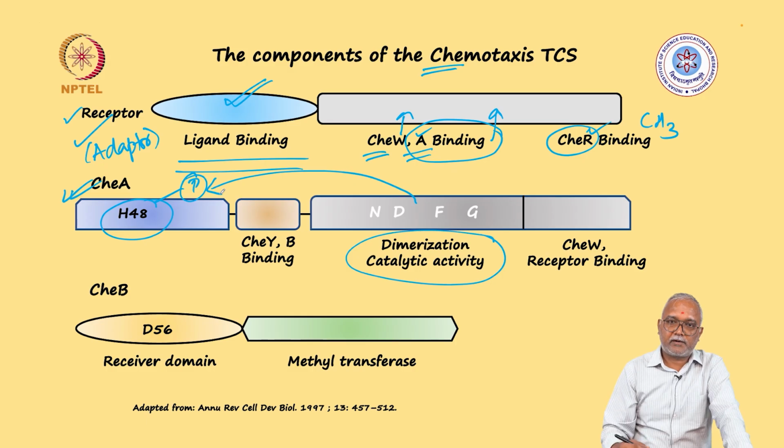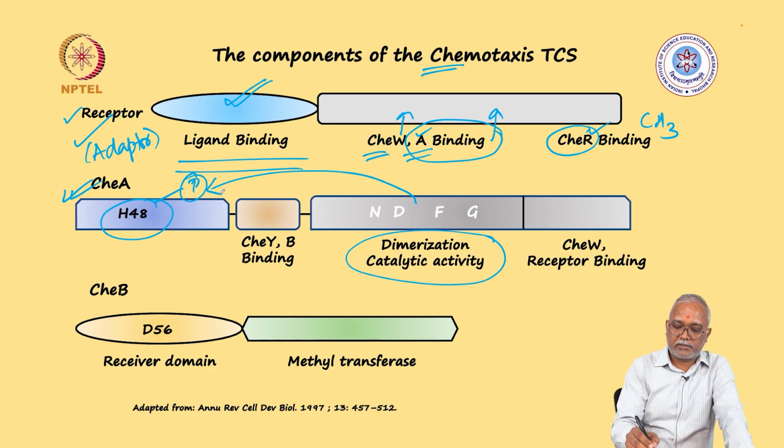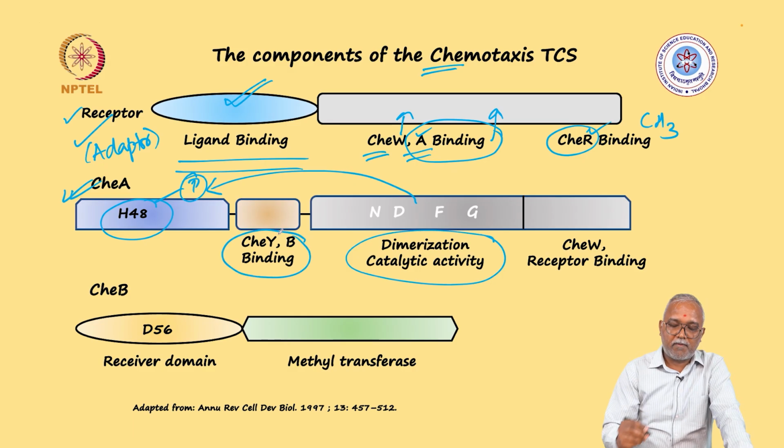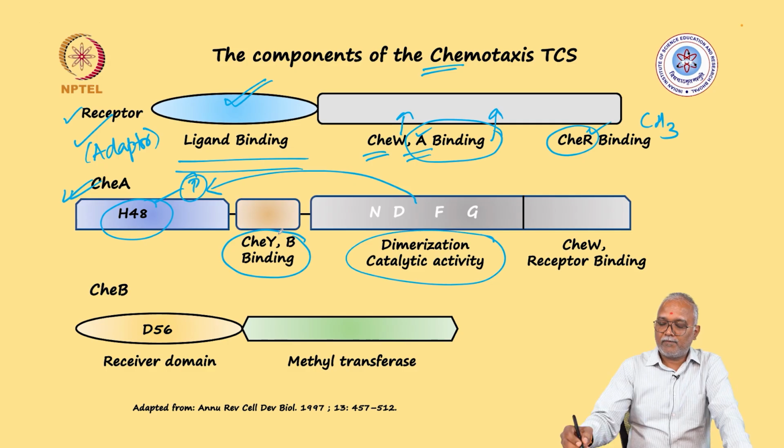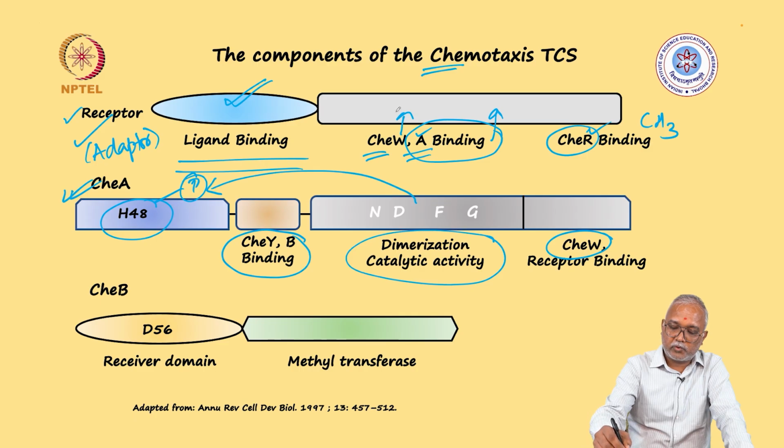Also, since it is an internal molecule, it has to give signal to the other molecule, the response regulator. So this Che Y and B, they should be binding to this kinase. And this Che W protein, which was tethering the Che to the receptor, should also bind to this molecule.